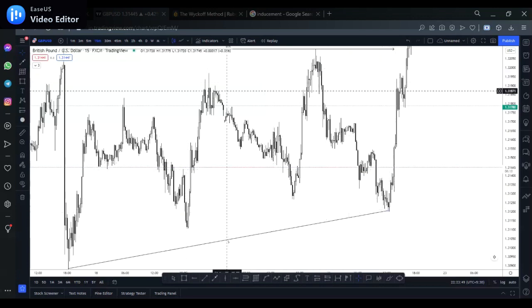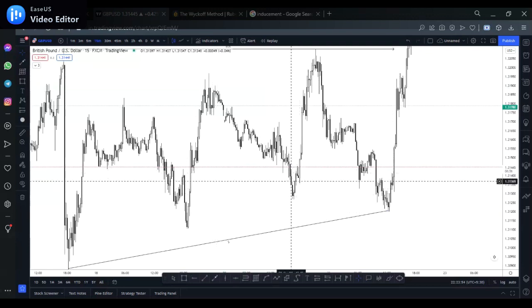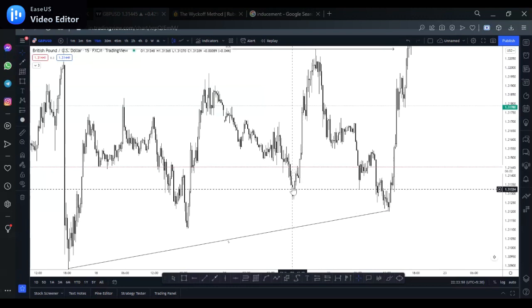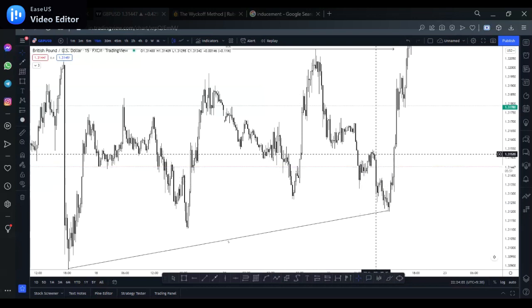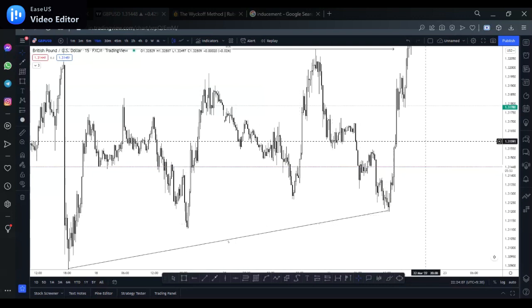So every single time, what they do is break structure, create an inducement to make each and every one of you want to buy at this other block right here, because this was the inducement, and then you see a fake movement up, and then pow, pow, pow. They mitigated the other block, and now they're moving back up.